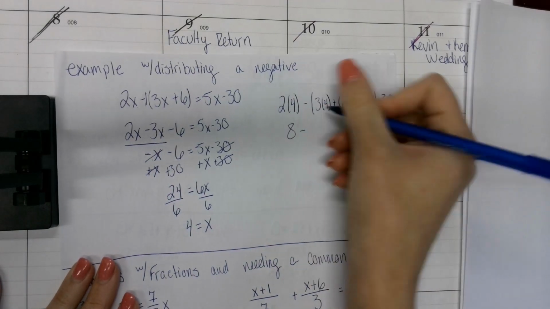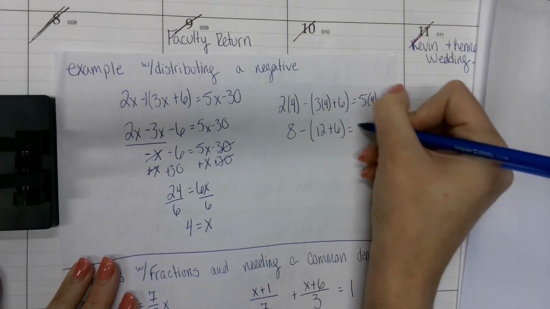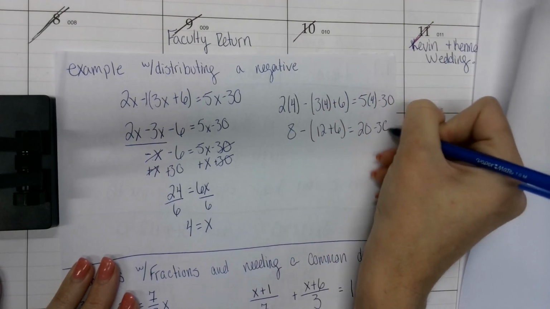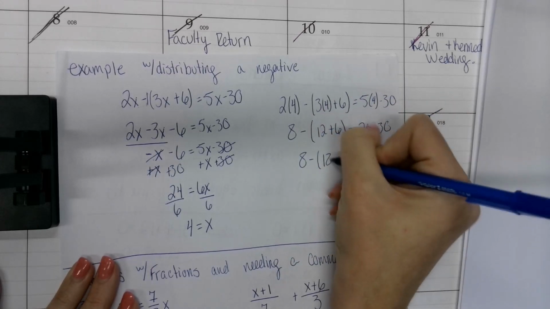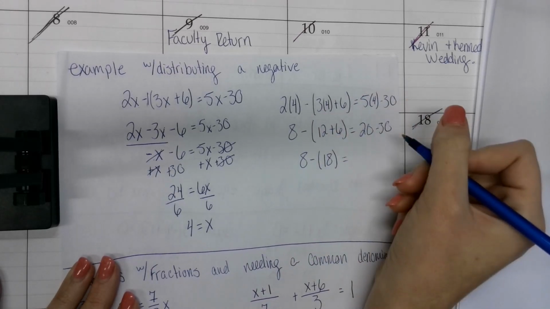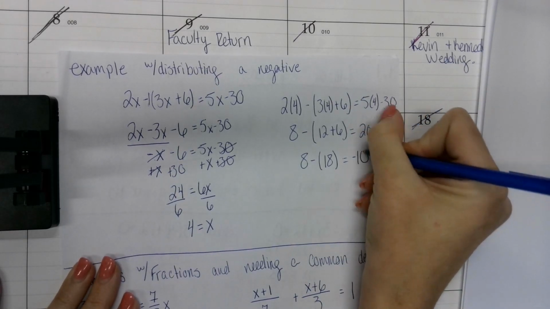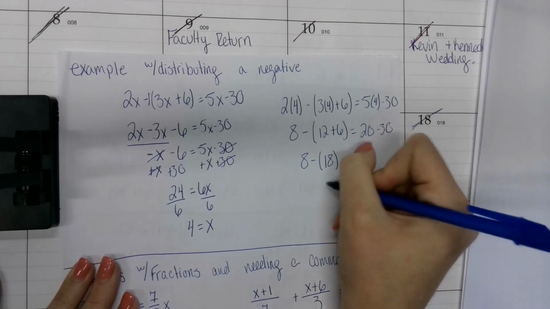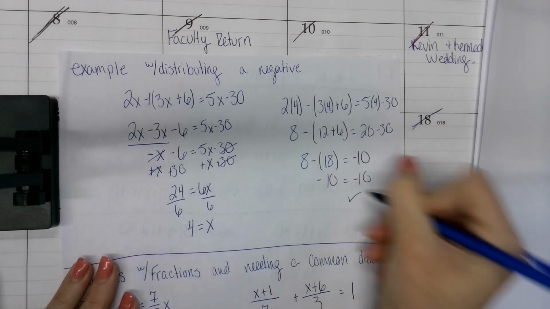So I have 8 subtract 12 plus 6 equals 20 subtract 30. 8 subtract 18 equals 20 subtract 30 would be -10. 8 subtract 18 would give us -10 equals -10.